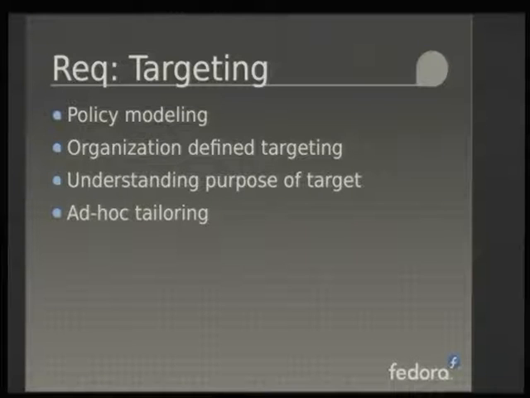So they call it organization-defined targeting. And if the compliance center is really good and does the job, it will know something about the purpose of the system and tailor the policy for it semi-automatically.